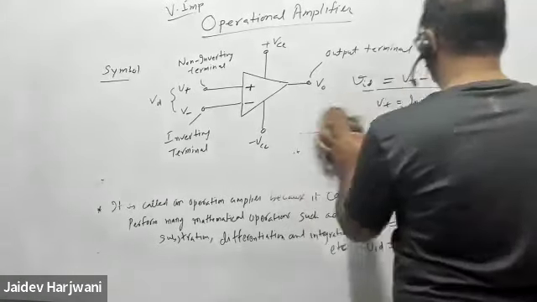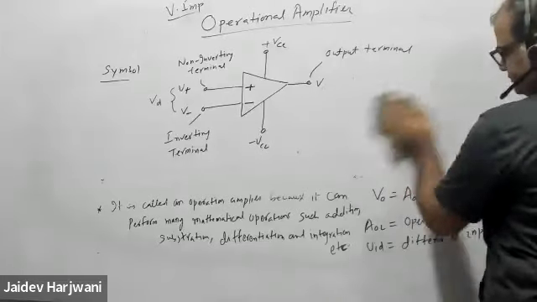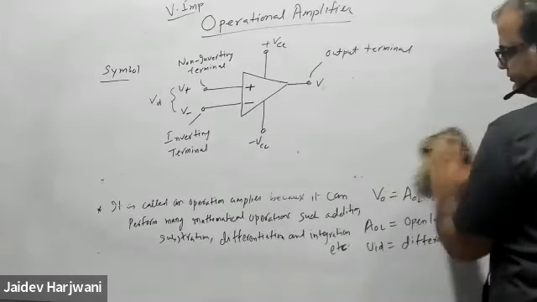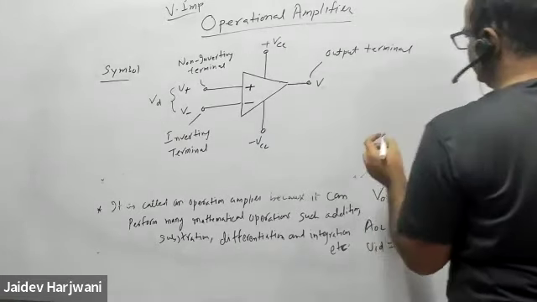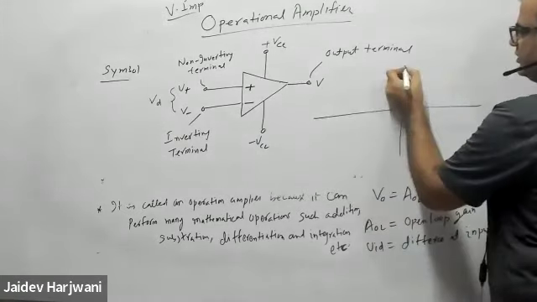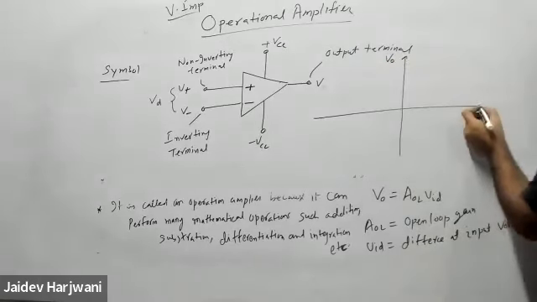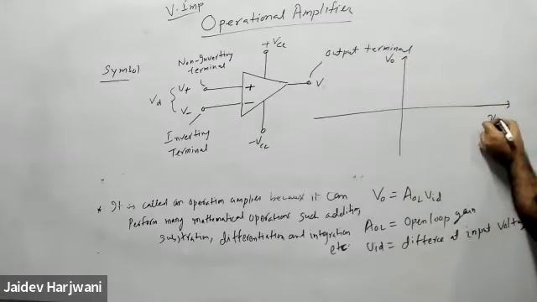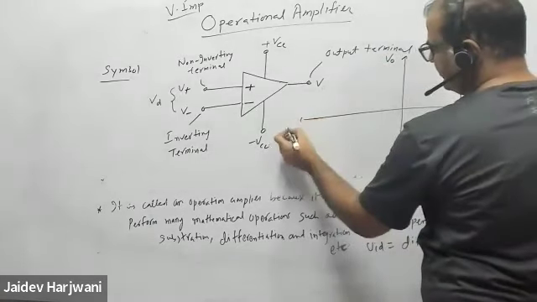So let us understand how does it work. Say I want to draw V output versus V difference curve. Difference can be negative, difference can be positive.